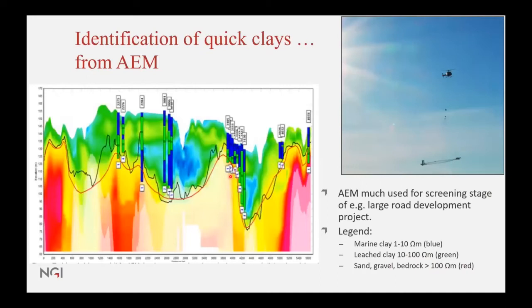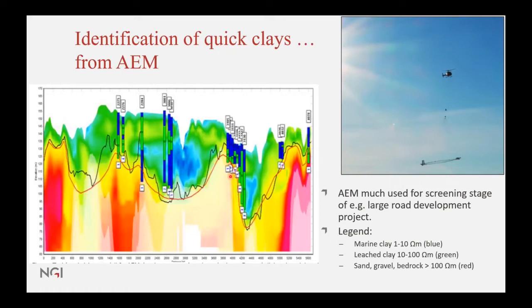Nowadays, for large infrastructure projects, like when we want to construct several kilometers of highway development or railways for that sake, we can also use airborne electromagnetics. So it's a bit of the same as electrical resistivity tomography, but it's through helicopter.